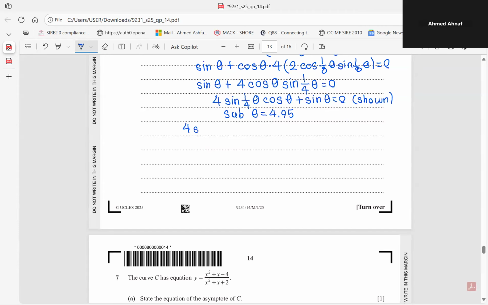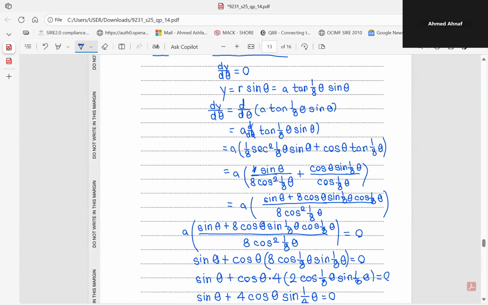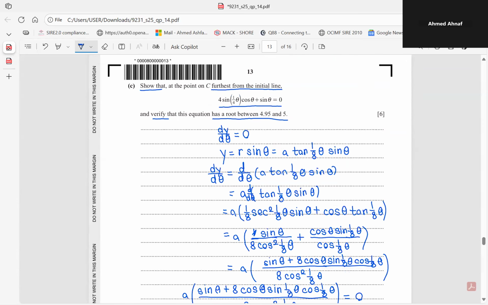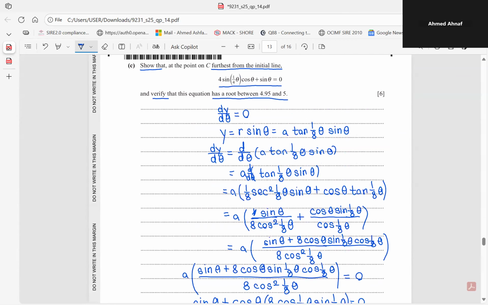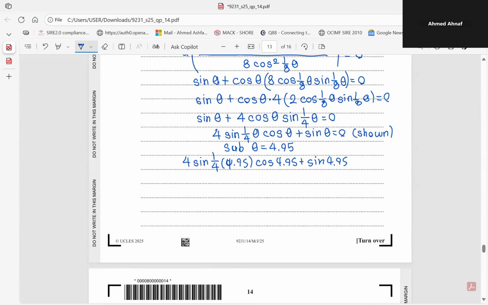So we'll get, just show that you're substituting, 4 sine 1 over 4 answer, cosine answer plus sine answer.